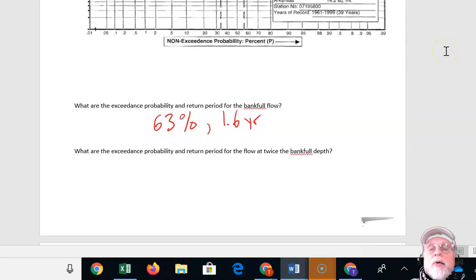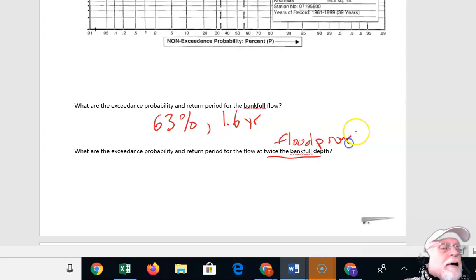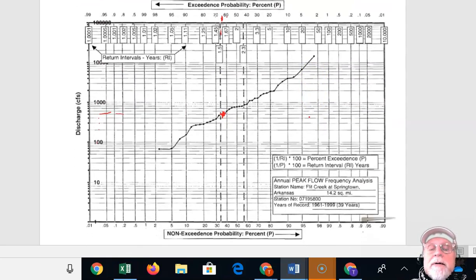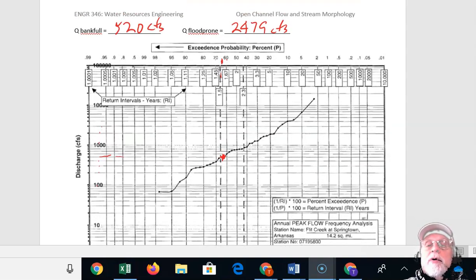For twice the bank full depth, which we called the flood prone area, what was our number again? 2479.